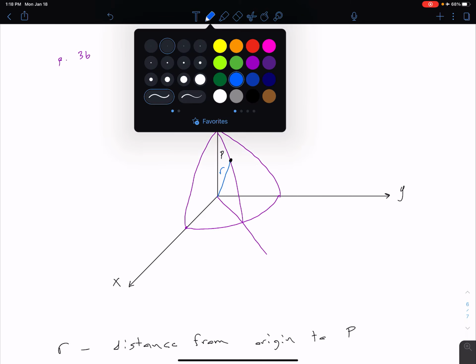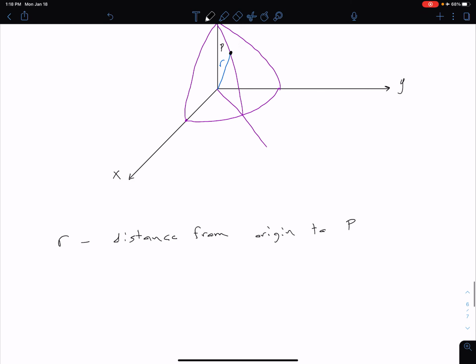Our next key parameter here is our theta, and our theta is called our colatitude. Our colatitude is the angle between the z-axis and the position vector of P. Here we're bringing up something that we talked about in our first unit, which is our position vector.